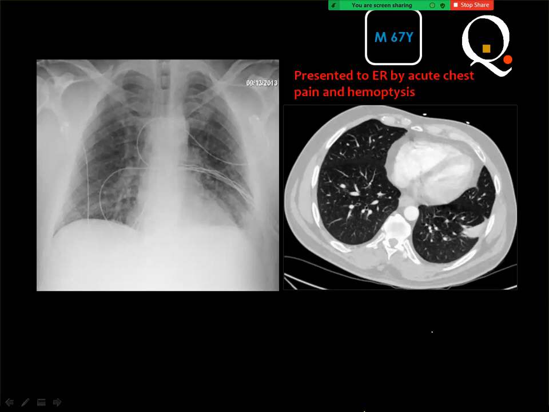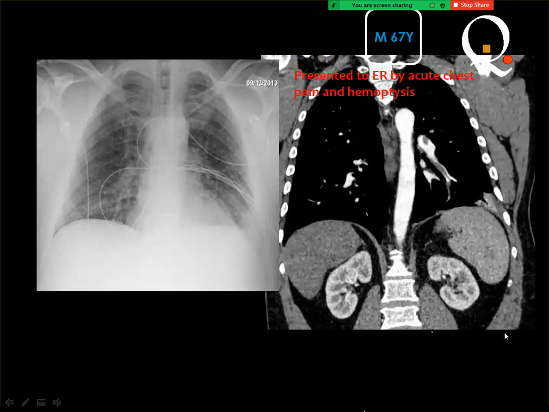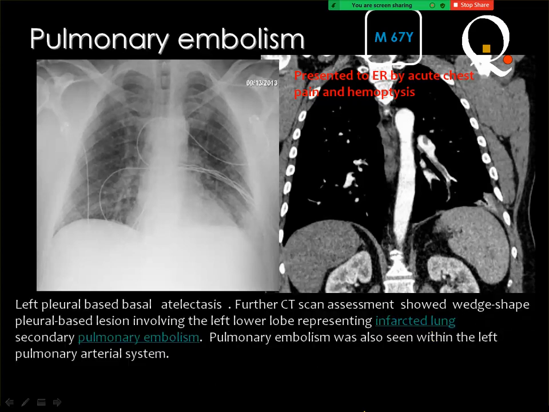Yes, right. This is pulmonary embolism because of the history, acute chest pain and the hemoptysis. And this is the CT pulmonary angiogram. And you got a filling defect here and a linear filling defect there with the pulmonary infarction in the right lung base. The diagnosis is right.